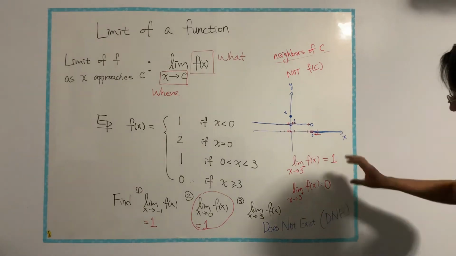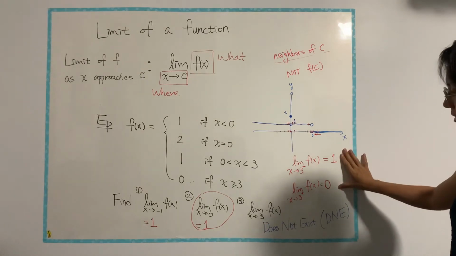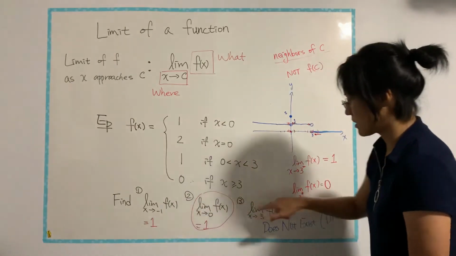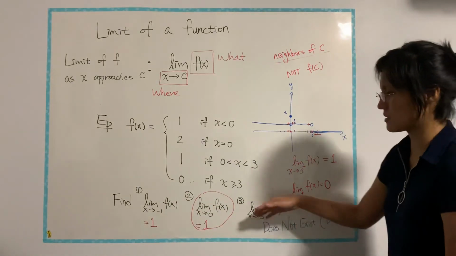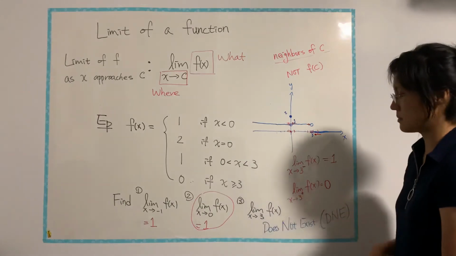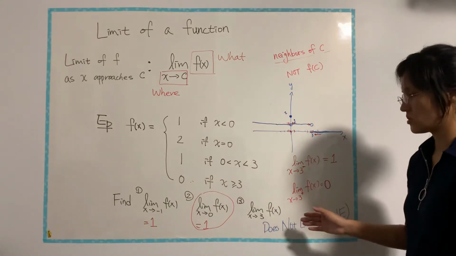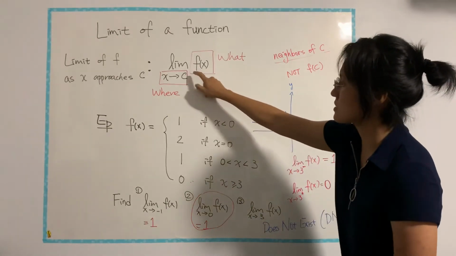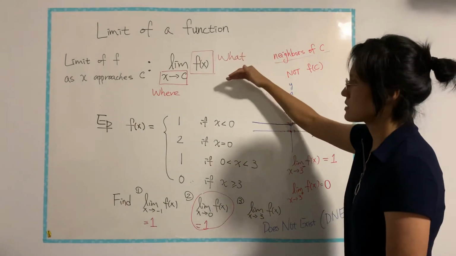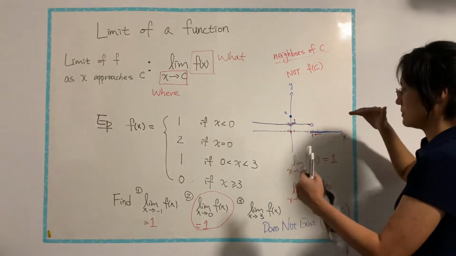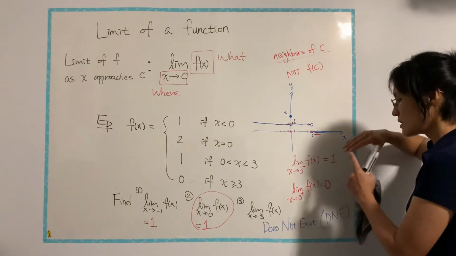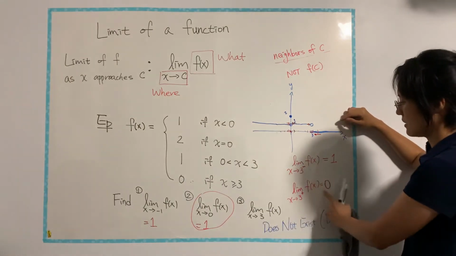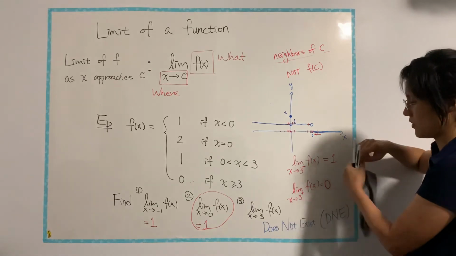Okay? So these are called one-sided limits, and the most common ones are two-sided limits, and because they are the commonly used limits, we usually just call them limits. So whenever we talk about limits without the plus or minus sign, we're talking about two-sided limits, and the limit exists only when both the left hand side and the right hand side give you the same value.